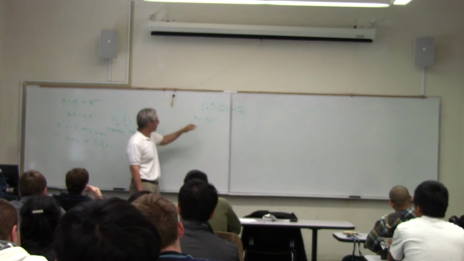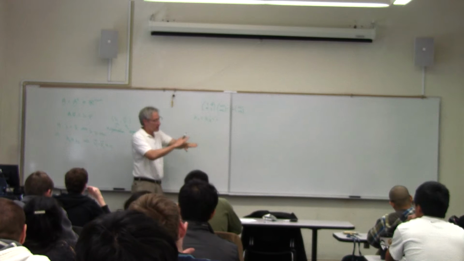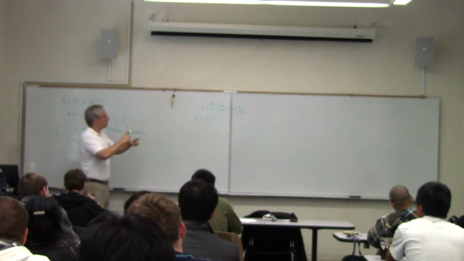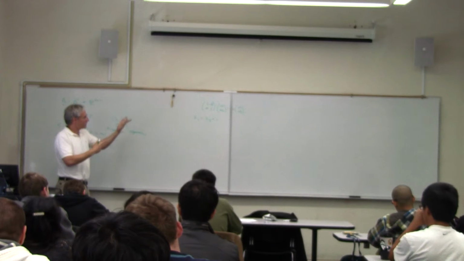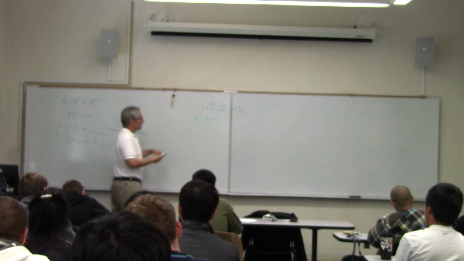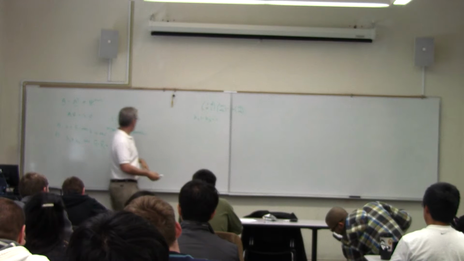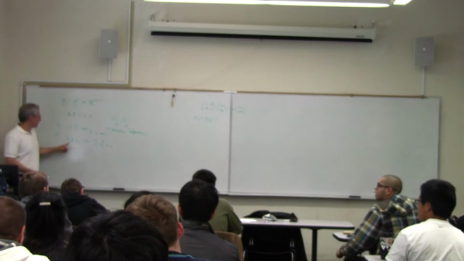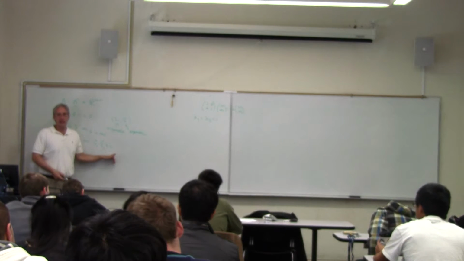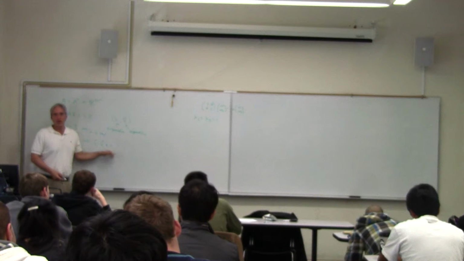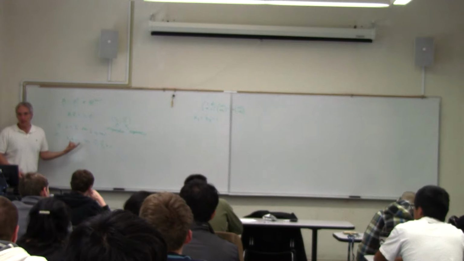I can choose any two in the plane. This is a two-dimensional case. In the plane, I can choose any two independent vectors to be eigenvectors, but I could also choose them to be perpendicular to each other. So the point is, the theorem we showed was that when lambda 1 is not equal to lambda 2, we necessarily get that these eigenvectors are perpendicular. But the theorem does not address what happens if lambda 1 is equal to lambda 2.